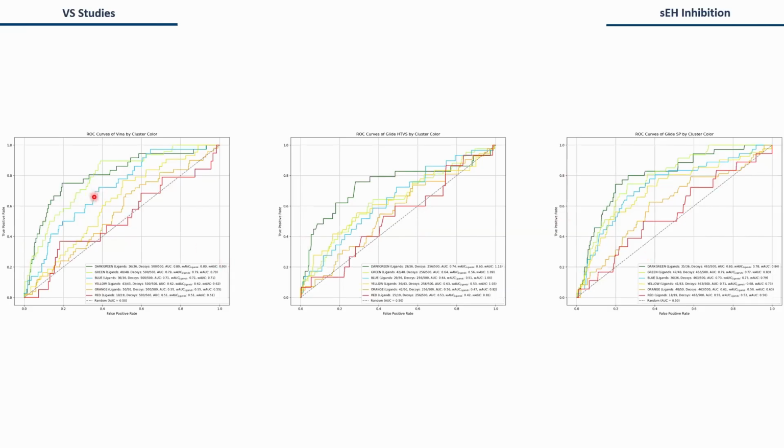And the others are mid-range. So all these tools could easily differentiate the actives from the inactives, including the decoys. But the best ones from these three options were Vina and Glide, as you can see from the areas.